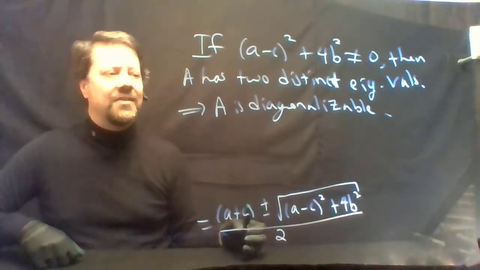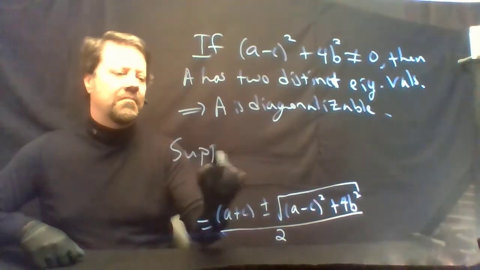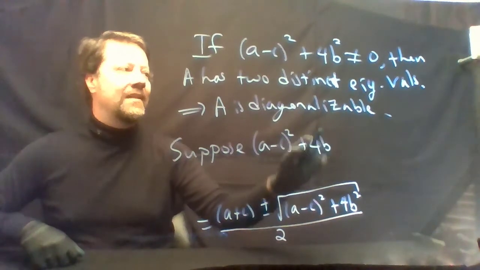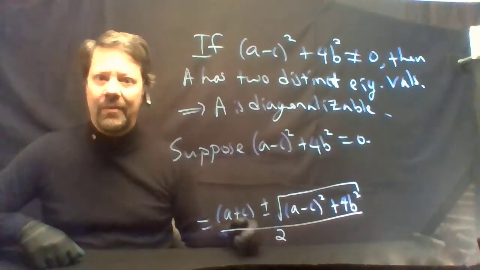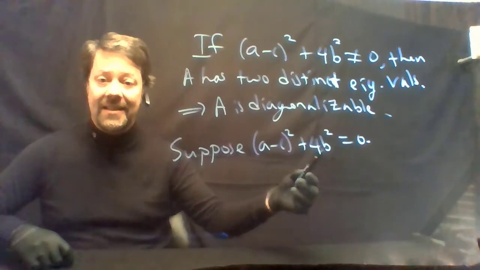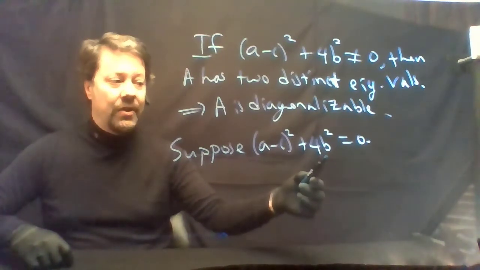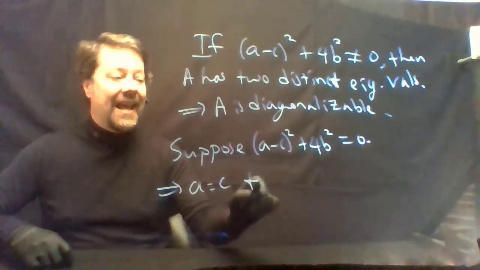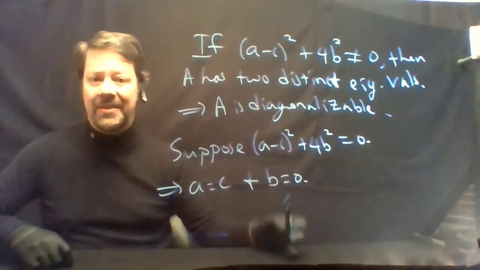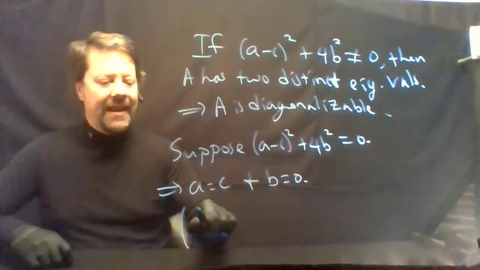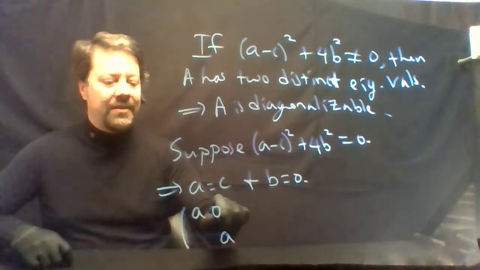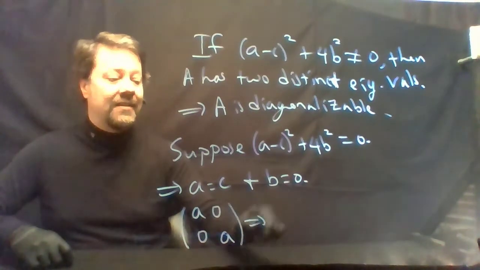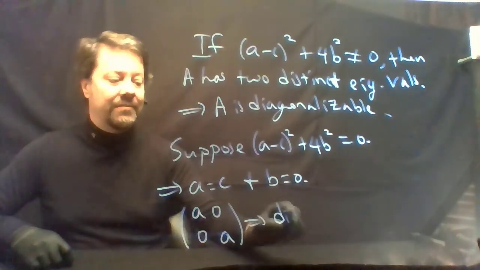What about the other case? Suppose a minus c squared plus 4b squared is 0. Then what? If a, b, and c are all real, the only way that can happen is if a equals c and b is 0. But if a is equal to c and b is 0, the matrix is already diagonal, which implies that it is diagonalizable.